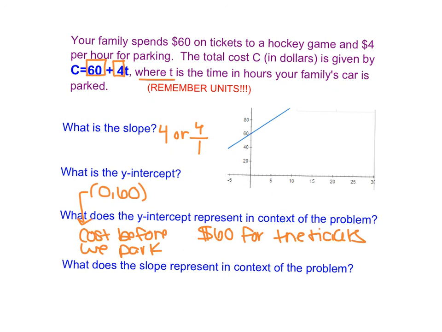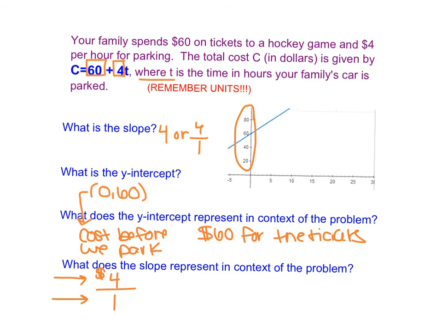Now our slope, if we look at what that represents, our slope is the 4/1. So let's take a moment and try and remember, what does the y unit represent and what does the x unit represent, or what does t represent? So our y is over here on the side. So this 20, 40, 60, you should be remembering is in dollars.